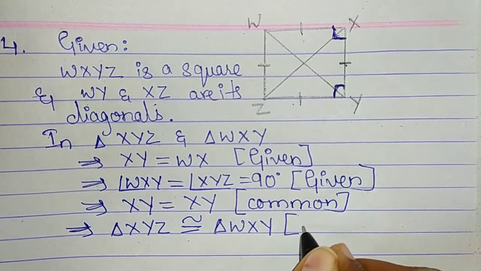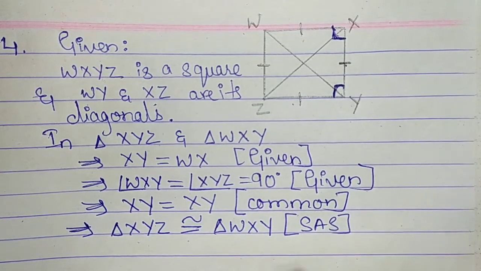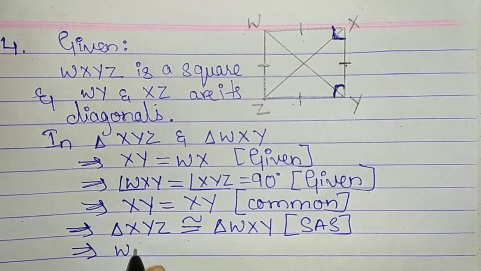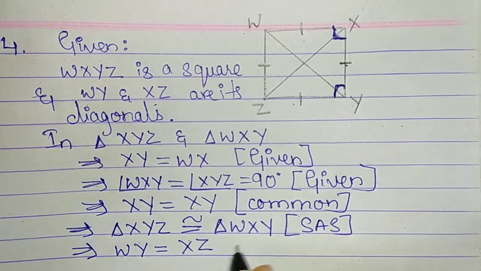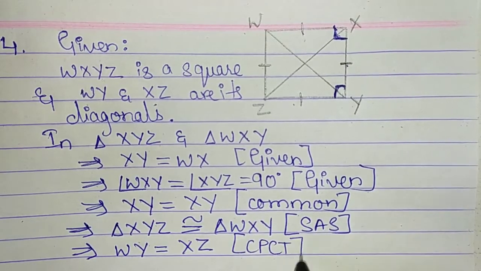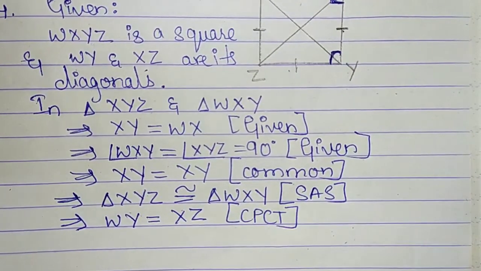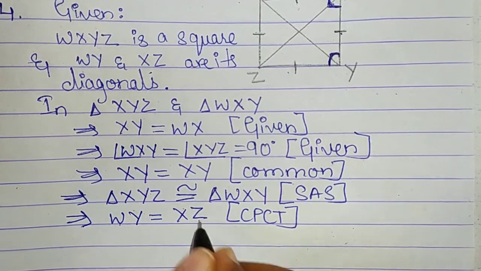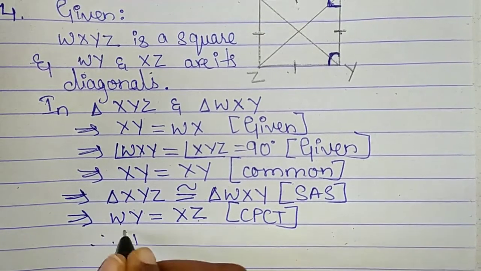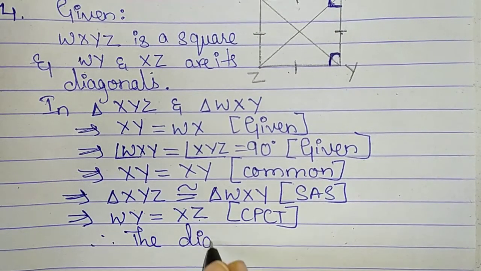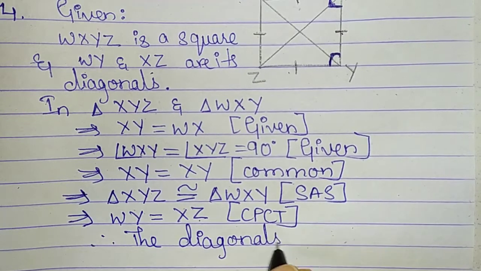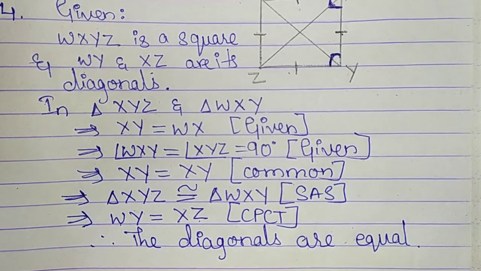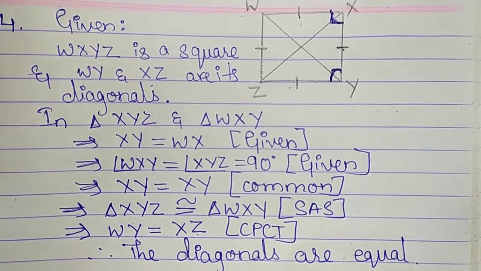Since they are congruent, WY is equal to XZ by CPCT. So we were supposed to prove that the diagonals of a square are equal. Here we proved that the diagonals WY is equal to XZ. Therefore, the diagonals are equal. Now we are supposed to prove that they are perpendicular bisectors of each other.